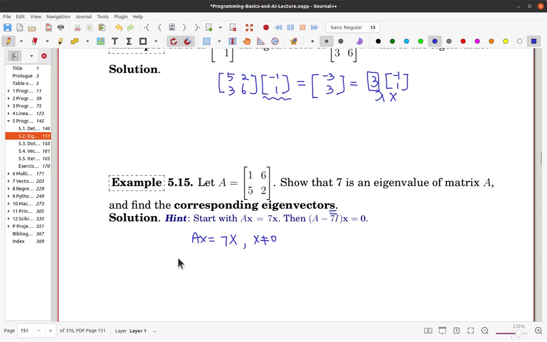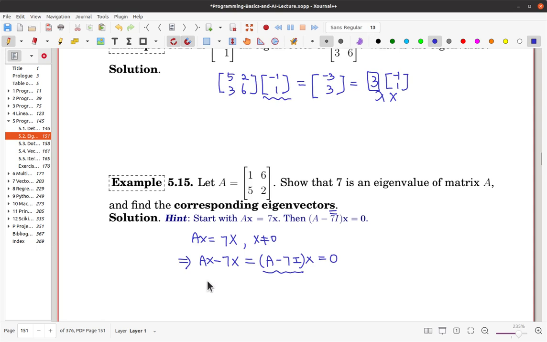From this, Ax minus 7x must be 0, and we can write this again as (A minus 7 identity) x equals 0. So this matrix should have a non-trivial solution. This is a homogeneous equation, and it should have non-trivial solutions because x is non-zero.